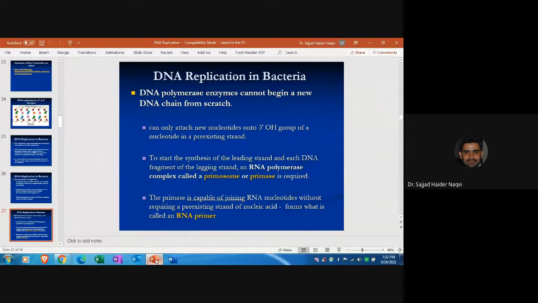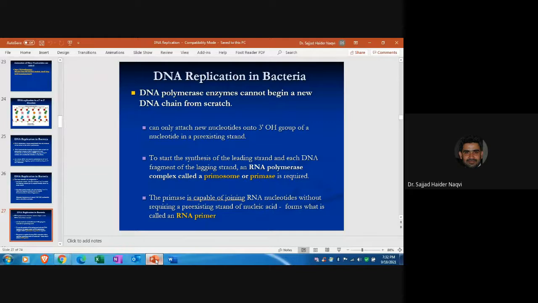It doesn't work like this. So DNA polymerase cannot start the nucleotide addition right from the beginning. So I repeat, the DNA polymerase cannot join two free nucleotides to make a dinucleotide. This is a very, very important point when it comes to the DNA polymerase in bacteria.